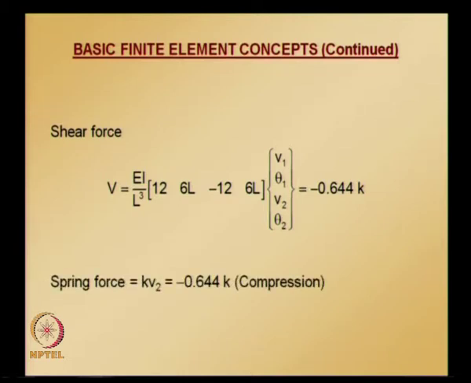Spring force: please note that local node 1 for the spring element is 3 and local node 2 is 2. So the formula is spring constant times (V2 minus V3), and since V3 is 0 by virtue of the constraint applied at that location, the spring force is given by K, the spring constant, times the transverse displacement at node 2.